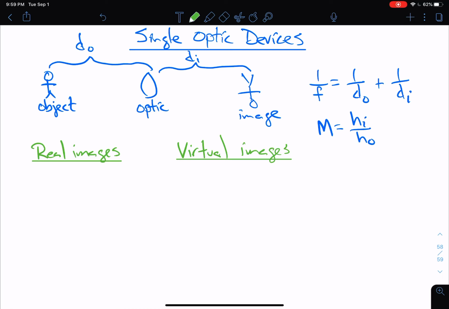Now, what is a real image? A real image is an image that can be projected onto something. So it exists at some point in space. When you go to the movie theater, the movie is projected onto the screen. That's a real image. There's a projector in the back.